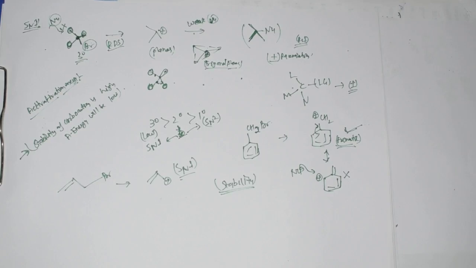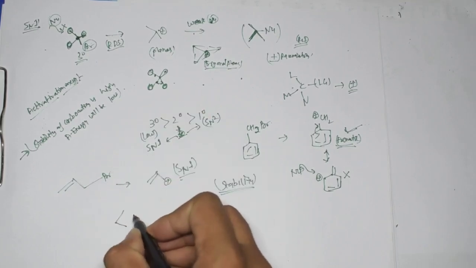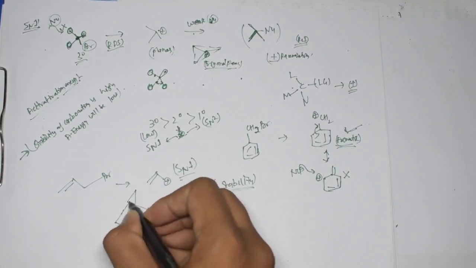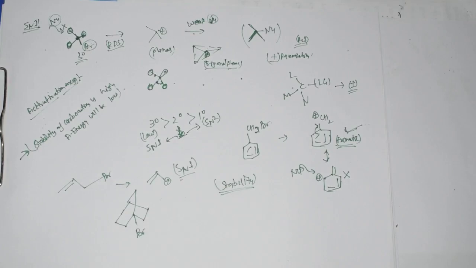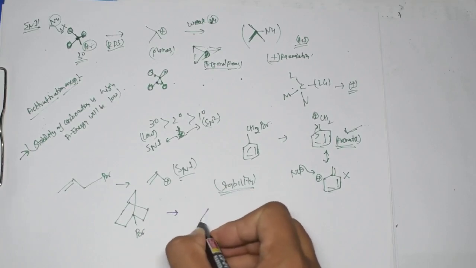And one more thing: what happens if I take a bridged bicyclo compound like this, where bridgehead carbocations are possible? Now what will happen over here? Is it possible to undergo an SN1 or SN2 reaction?